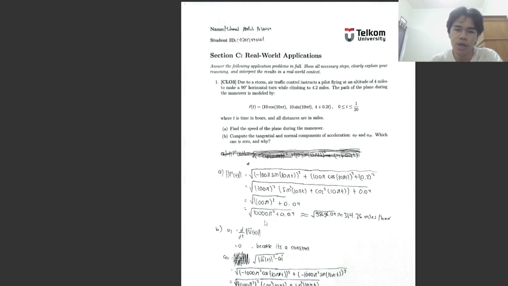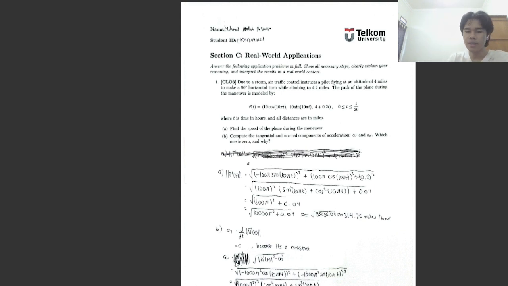So we know that there is no t left here, and we can conclude that it is a constant, and if we derive the constant, it will be 0. So the one that is 0 is AT, the tangential, because it's a constant.